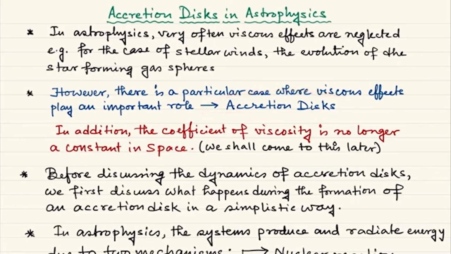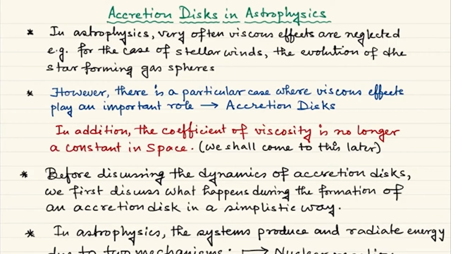Most interestingly, not only should we include the effect of the viscosity in the case of accretion disks, but also the coefficient of viscosity mu, if you remember it, is no longer a constant for a given fluid. This is not a constant in space. We shall come to this later when we talk about the analytical approach using basic equations.